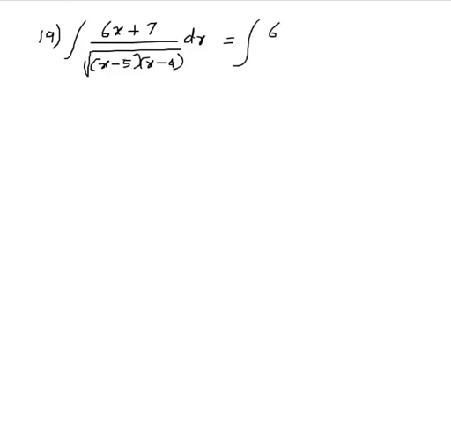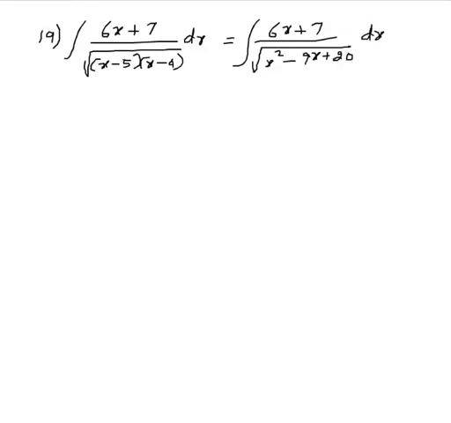Question 19, same method, 6x plus 7 divided by root of x minus 5 times x minus 4 dx. Let us multiply and write the denominator, which is x square minus 5x minus 4x is minus 9x, and 5 4s are 20.